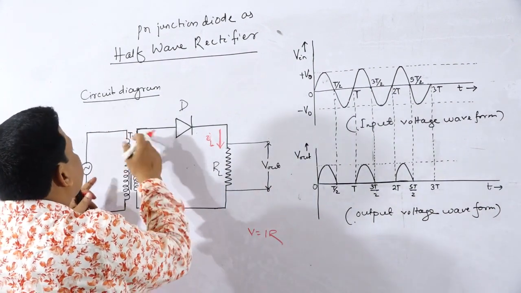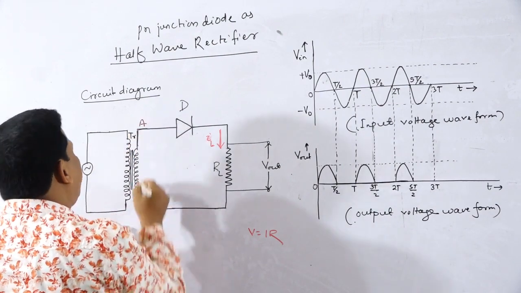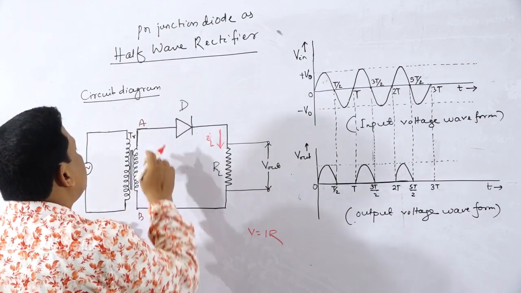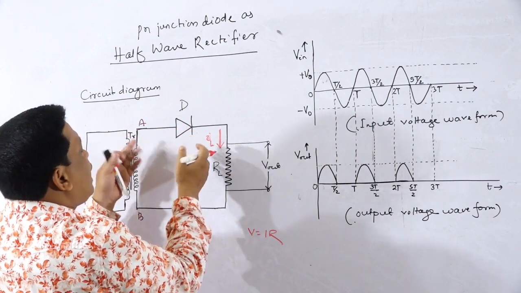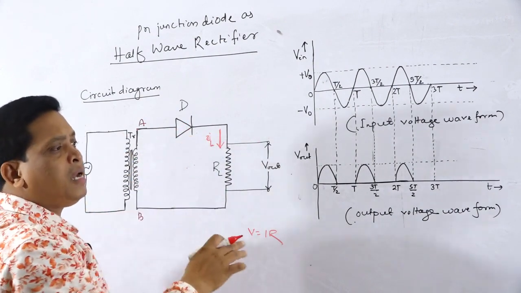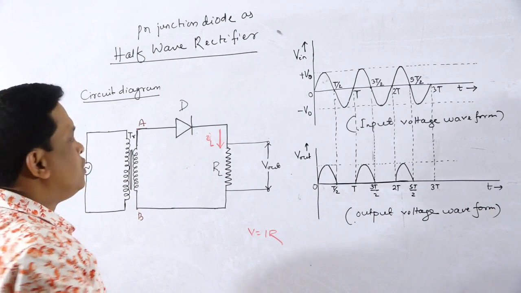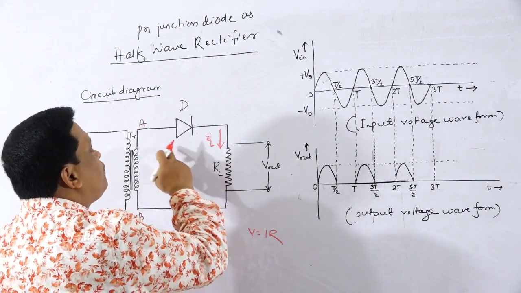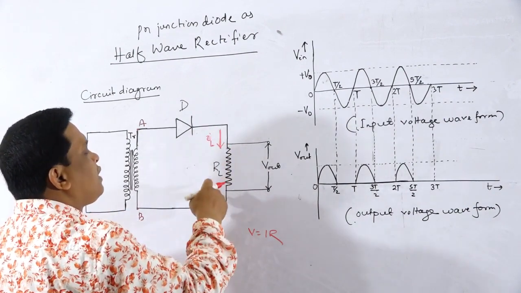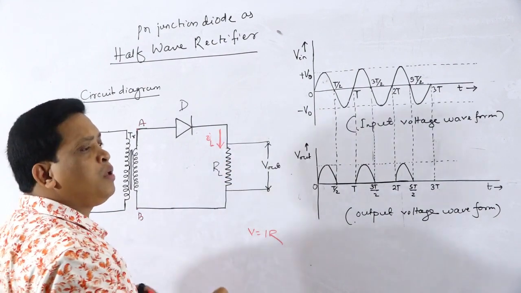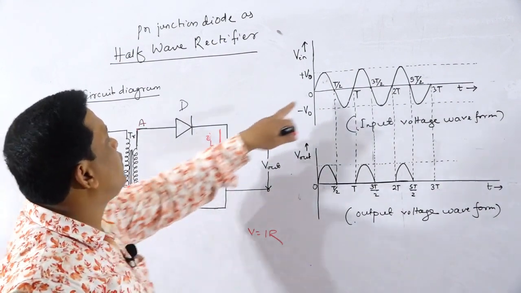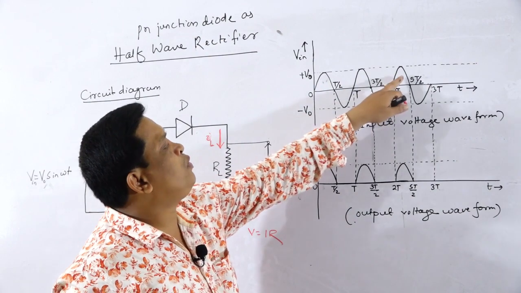During the positive half cycle, between this point A and this point B, the diode was conducting, and during the negative half cycle the diode was not conducting. So load current IL flows only for the positive half cycle and does not flow during the negative half cycle of the input AC.